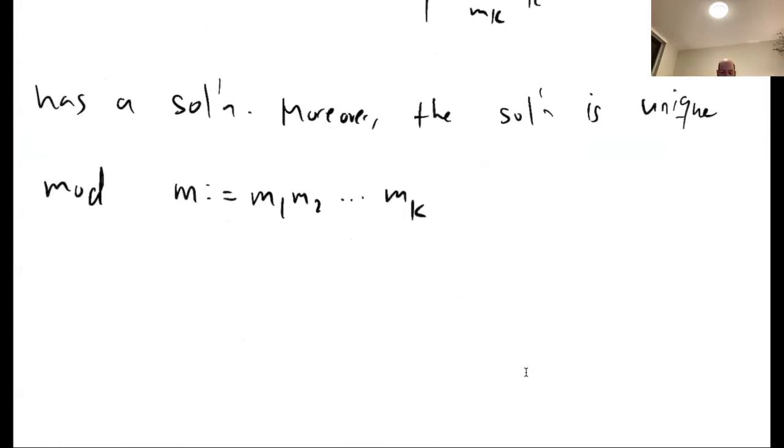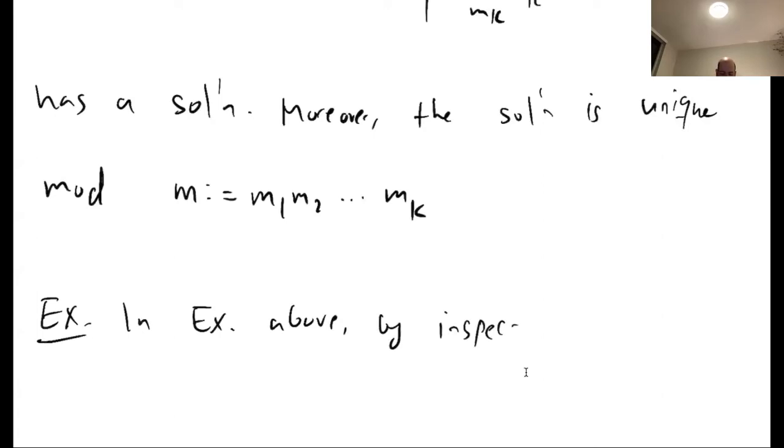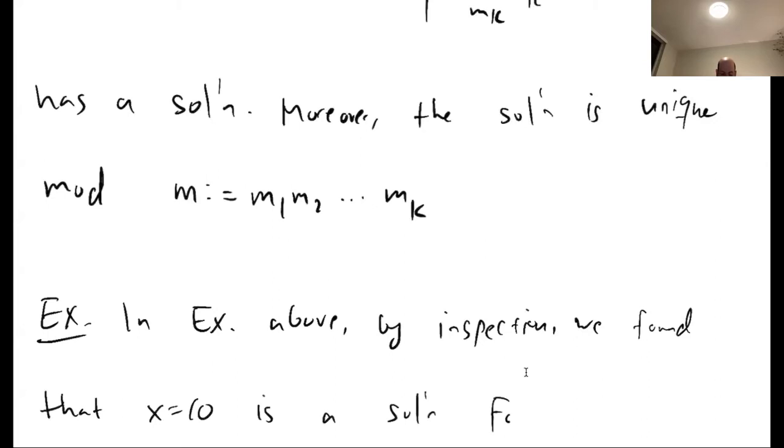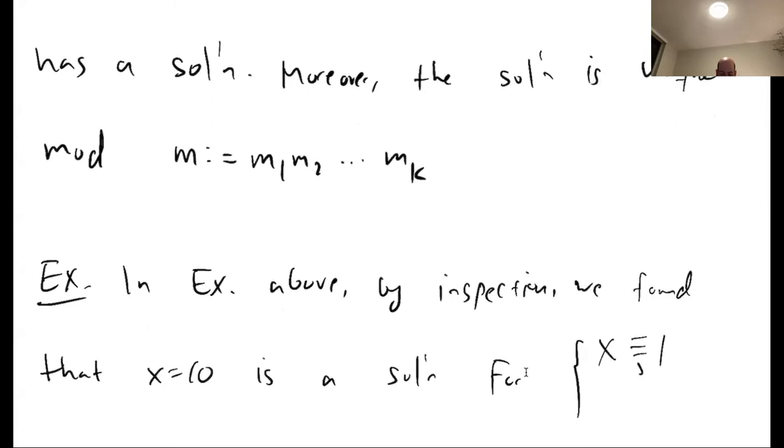So for example, before proving this theorem, in the example above, by inspection, we found that X equals 10 is a solution for X congruent 1 mod 3, X congruent 3 mod 7.